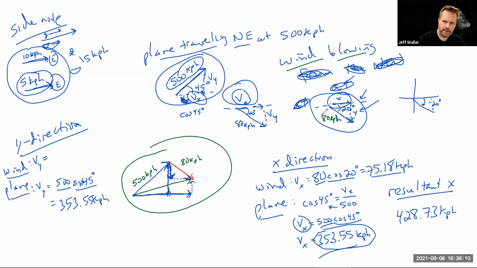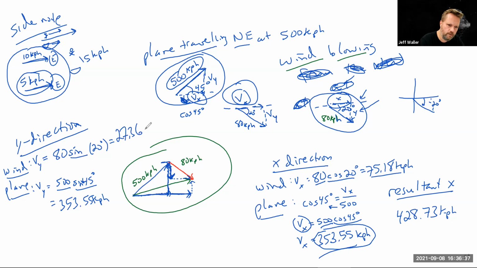Well, it would be the hypotenuse times which trig function of 20? Sine, because I want the y piece now. All right, so what is 80 times sine of 20? 27.36.